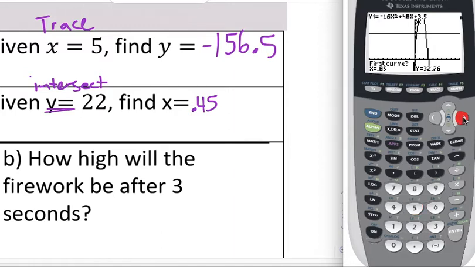I want to get it a little closer to my other intersection, so it picks that one up and not the same one. Now I'll say, yeah, first curve, second curve, guess. And there's my second intersection. So notice we just had to move it a little bit closer so that our calculator could do its job. It just finds the nearest intersection that you have it by.